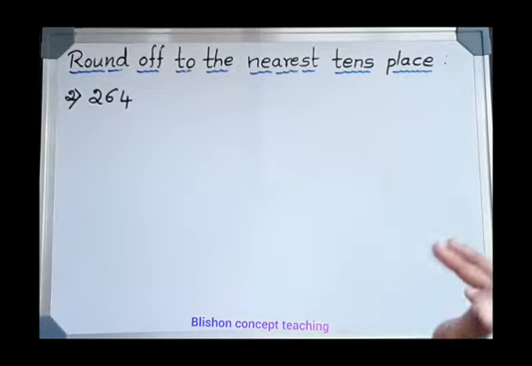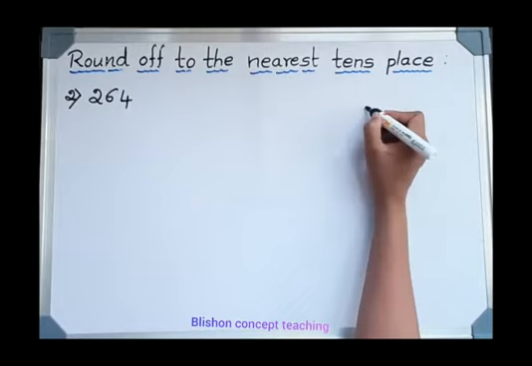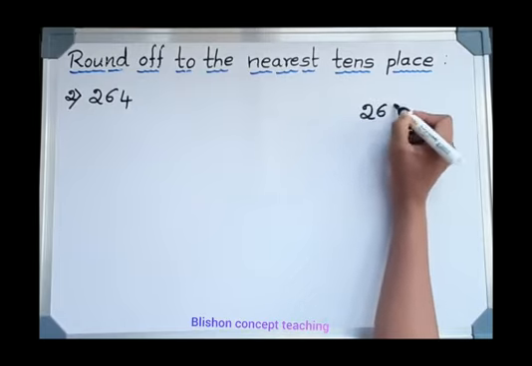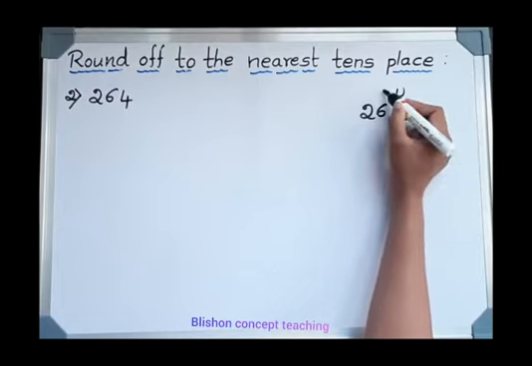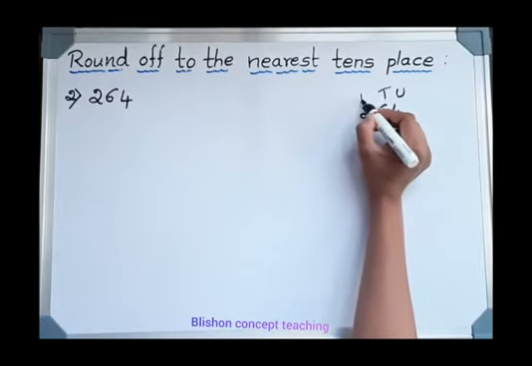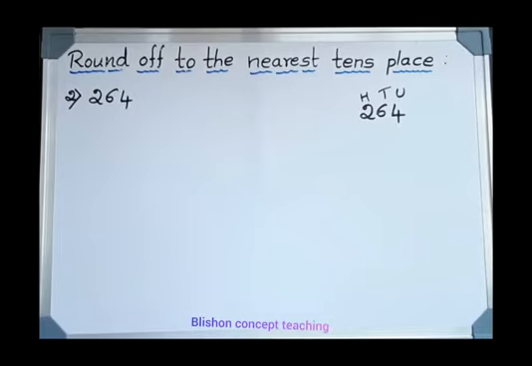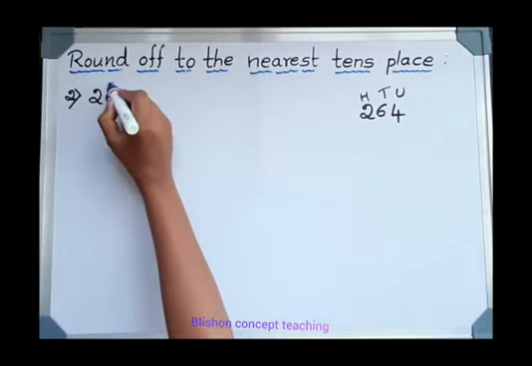Second problem, 264. 4 is in the unit place, 6 is in the tens place and 2 is in the hundreds place. And we have to round off for the tens place. That is 6.